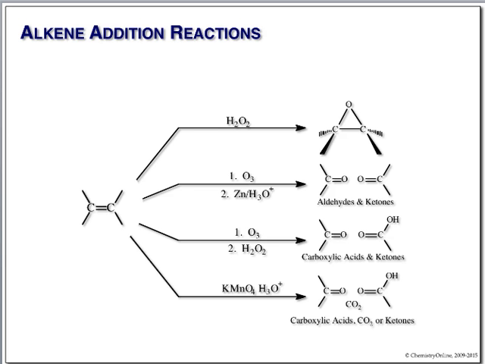And finally, an example of a brutal reaction. If we take permanganate in the presence of acid, we split our carbon-carbon double bond. Depending on what's attached, we can get carboxylic acids, CO2, or ketones.